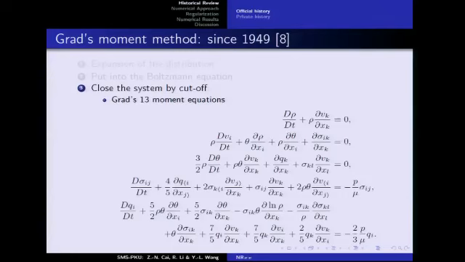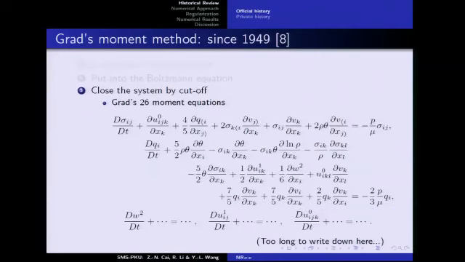and this game can be played further, to get such as the Grad 26 moment equations, and except the equations in the last slide, we need to add some other equations as here, but it is extremely long so that I can't copy it from the reference here.